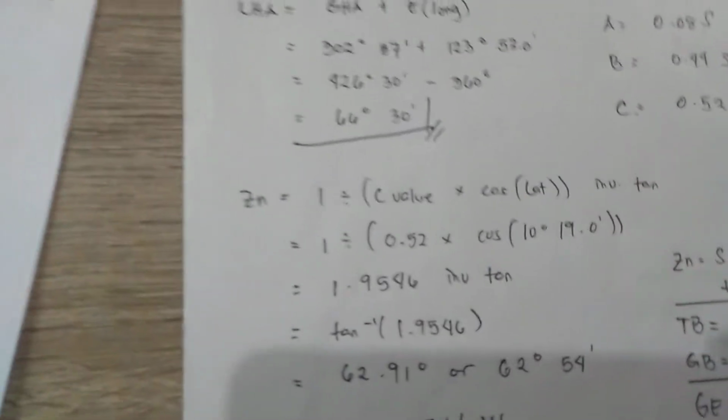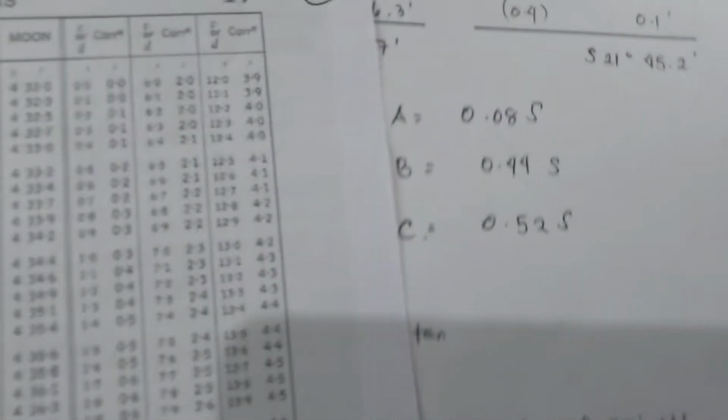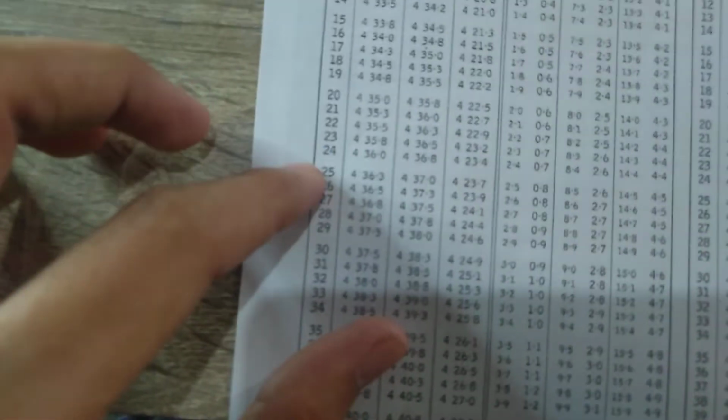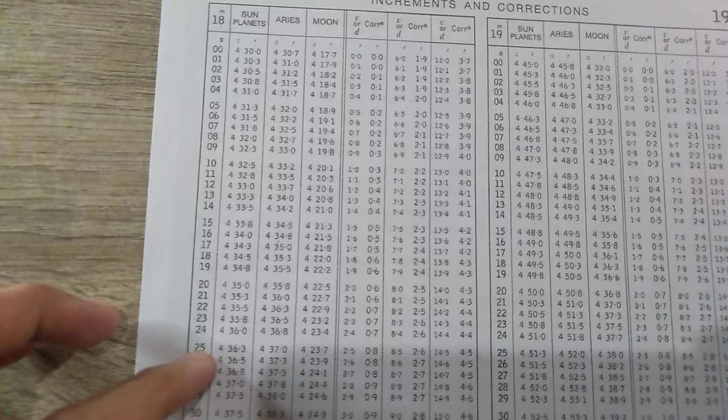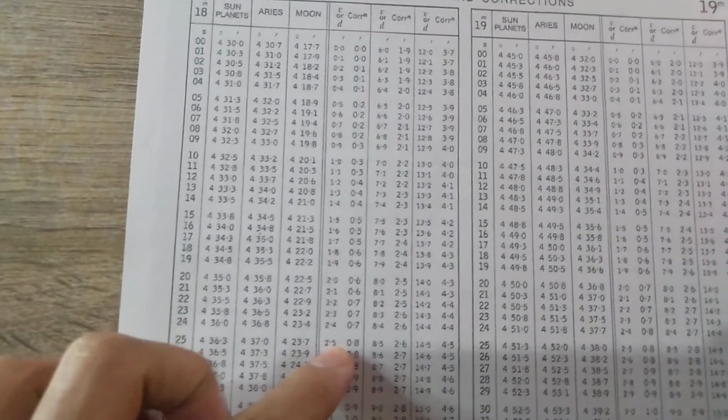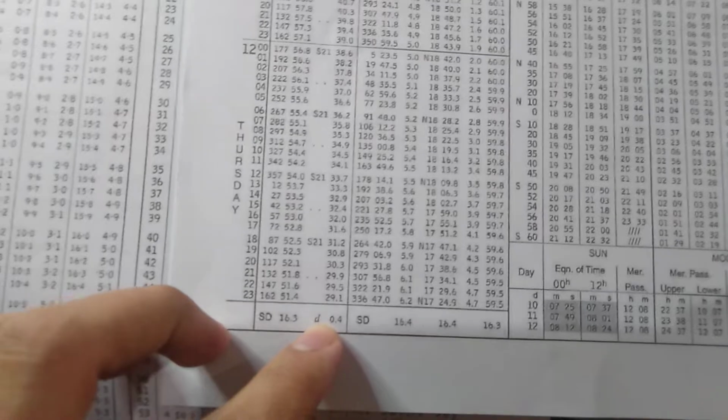And for the correction, again from the increments and correction, 18 minutes 25 seconds. For the Sun, the declination correction is 0.4.